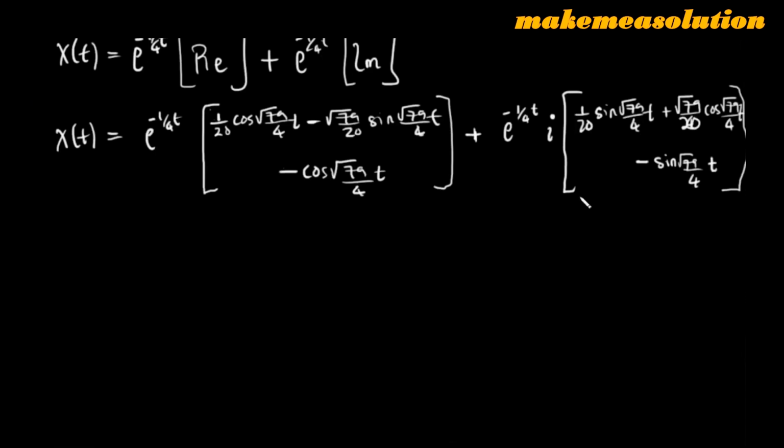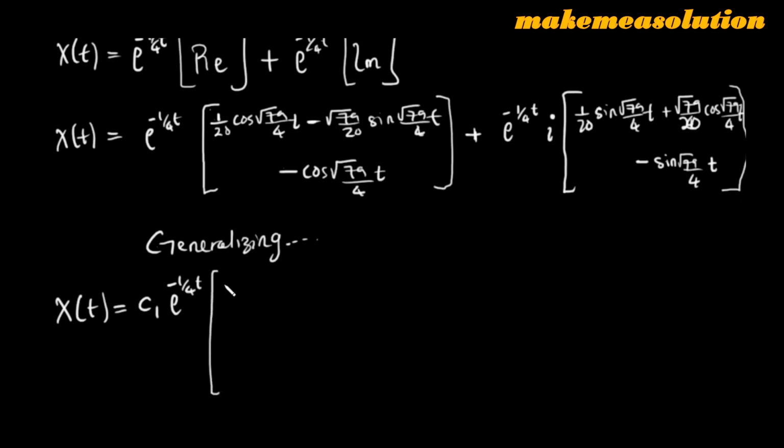Now at this point, you can take this as your solution, but we need to generalize. We can generalize these two separate solutions as a system comprising of an arbitrary constant c1, and you now have exponential minus 1 over 4t, and into the first vector is 1 over 20 cos root 79 over 4t, then minus root 79 over 20 sine root 79 over 4t.